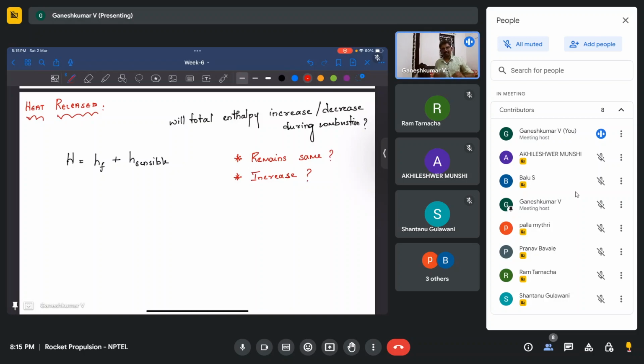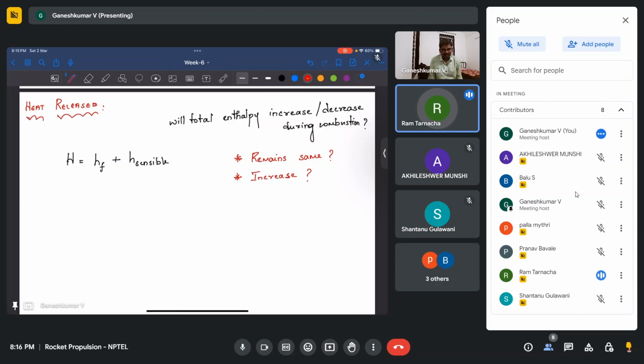As a result of chemical reaction, you are saying enthalpy will increase. Yeah, that's how we have the total heat of formation of the products minus the heat of formation of the reactants, which gives us the heat of combustion. And that is the difference, the increase.